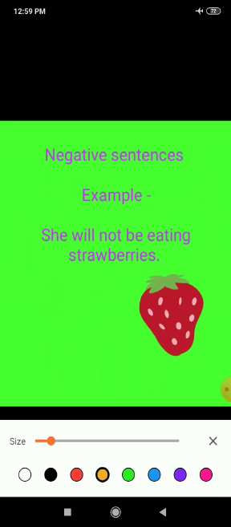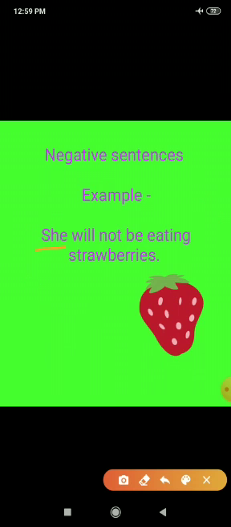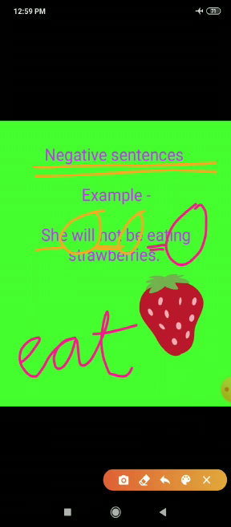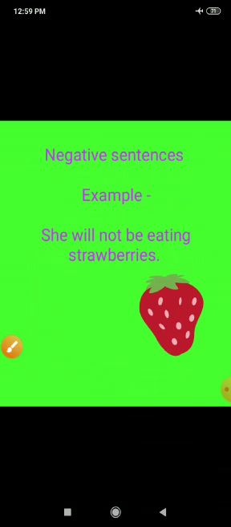Subject plus will or shall plus not, because it is a negative sentence, plus be plus root form of the verb, in this case it is eat, plus ending ing. She will not be eating strawberries.